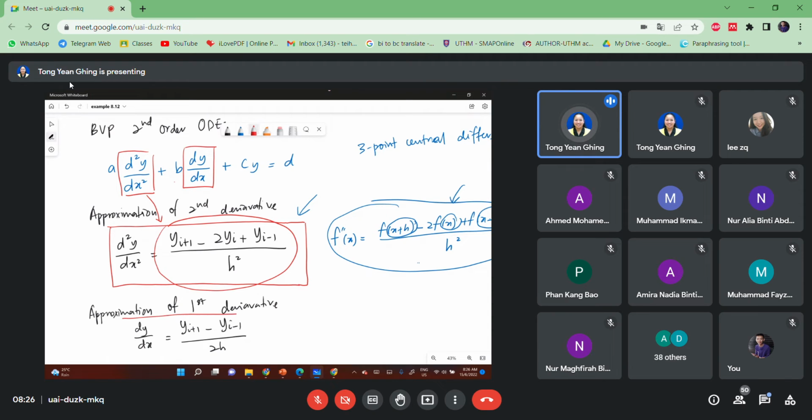And this one also you have to remember. If you do not remember, then you can refer to chapter 5, the numerical differentiation for the first derivative, 3-point center as well. The 3-point center is like this.